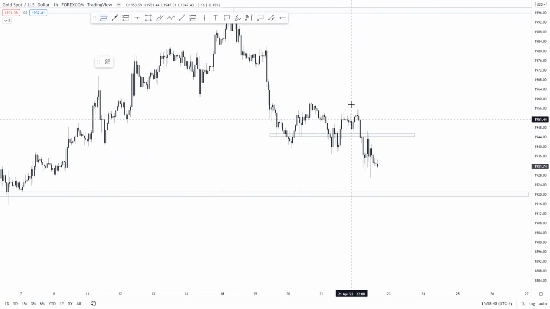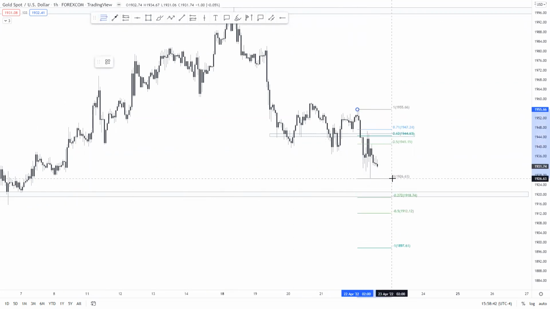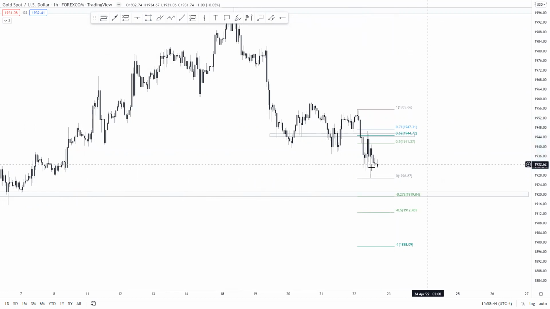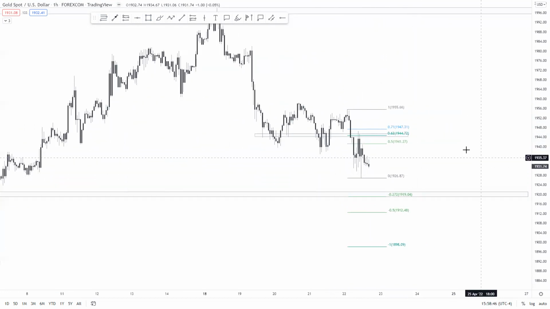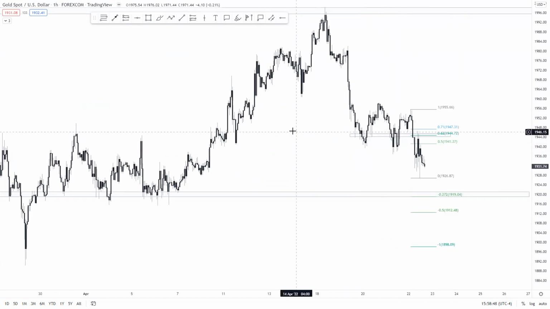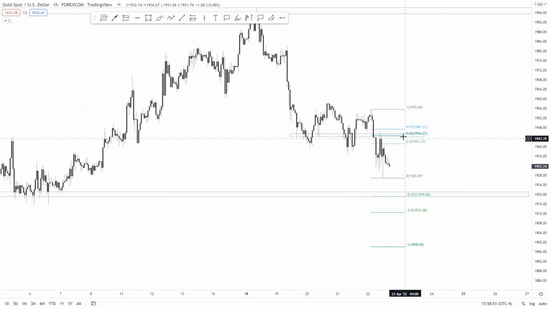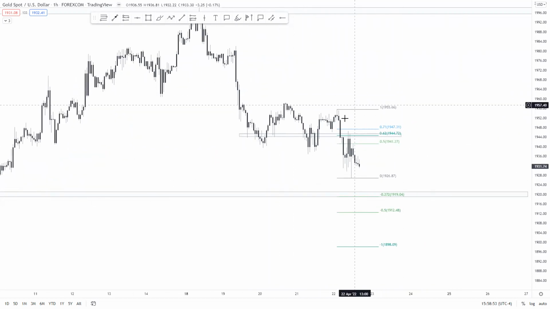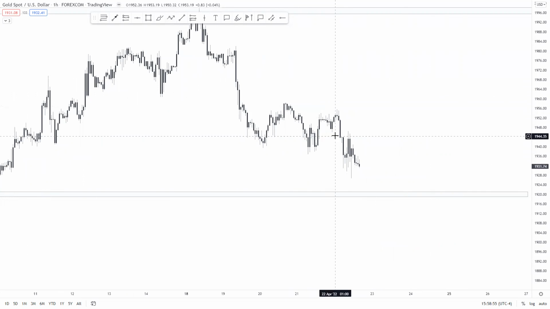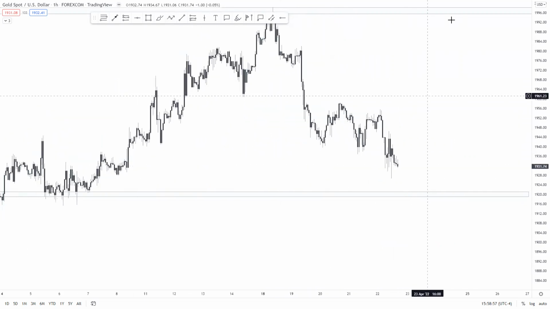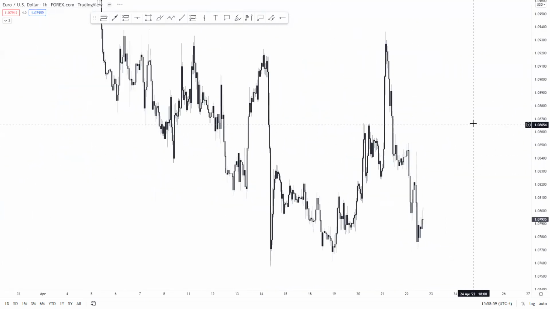So potentially into there, and then you can see the negative 27 just lined up, the 62% lines up, and that could be a really good region and trade to take this week. So looking for shorts on gold, push down into here and then rebound back up.